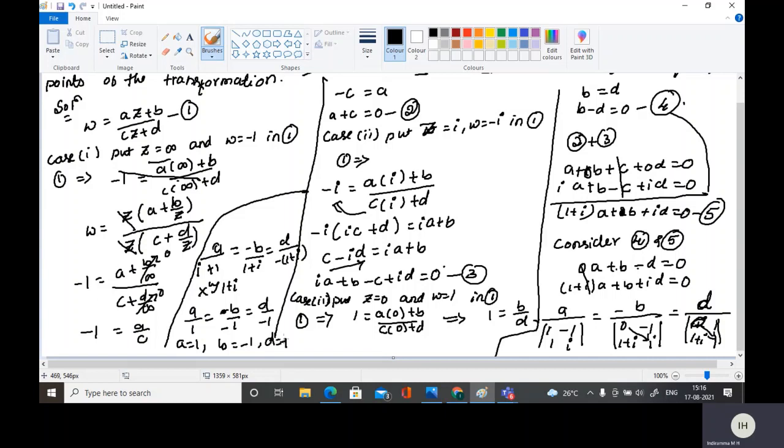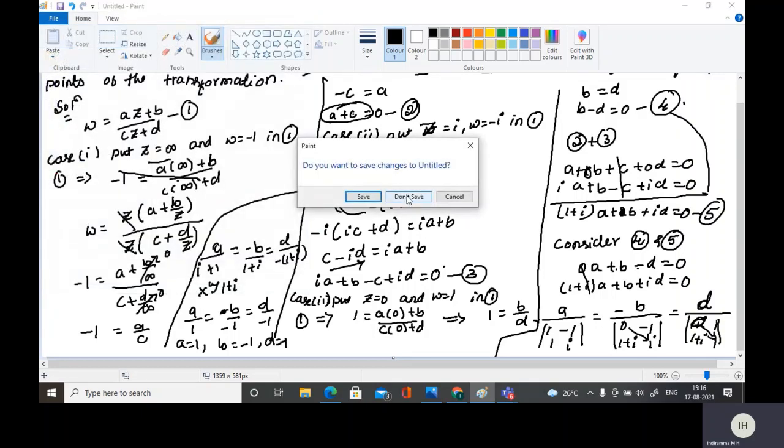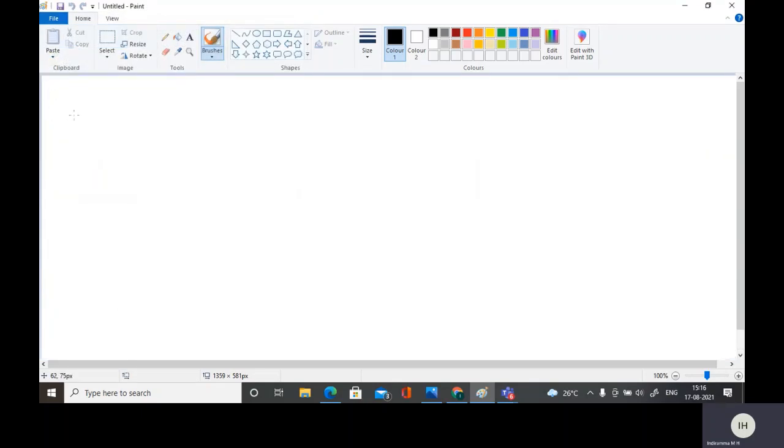So we got A, B and D values. We should find out C. So where can we substitute? Here, if you substitute the A value, you will get C. So I will go to the next page. Substitute A. What is A?